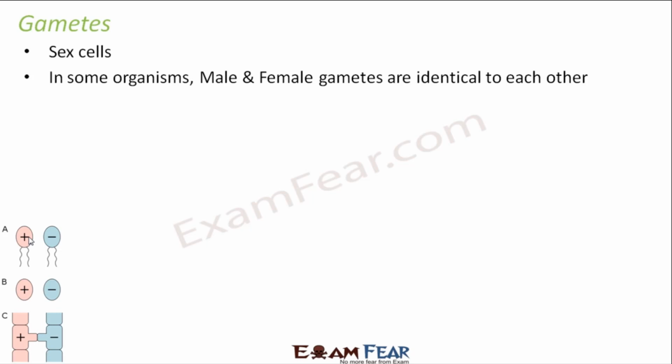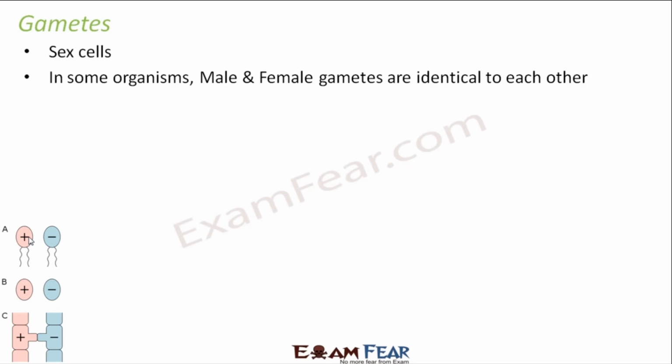Instead, they are referred to with the symbols plus and minus. Plus and minus denote the two different parents because they do not have any dissimilarity by which we can say that this one is male and this one is female. Both are the same. So instead of referring to them as male and female, they are often denoted as plus and minus.